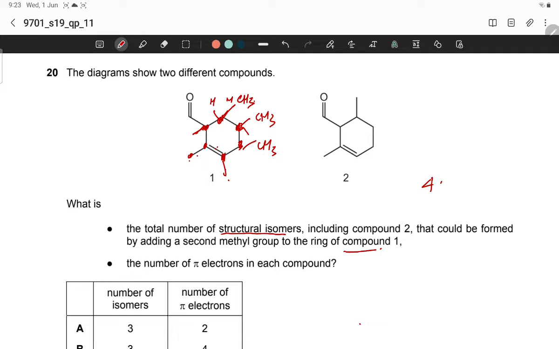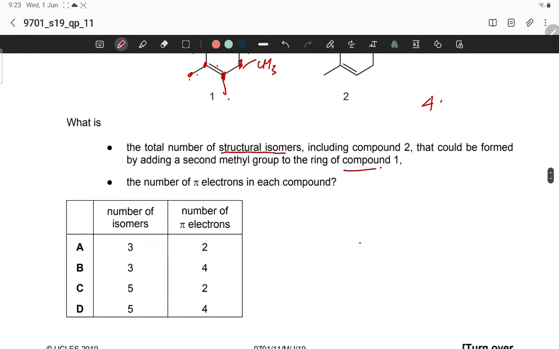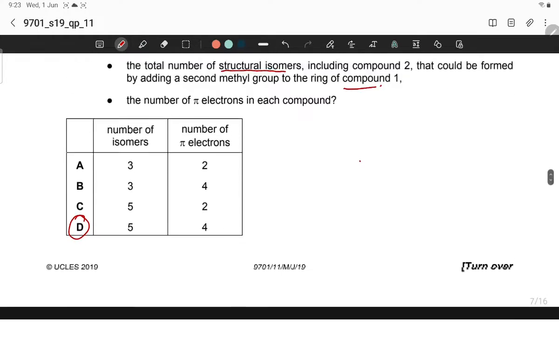So there will be 5 isomers and 4 pi electrons. Five isomers and 4 pi electrons.